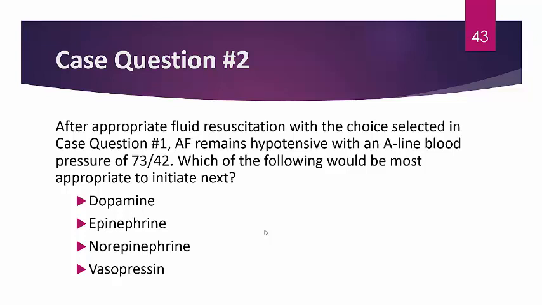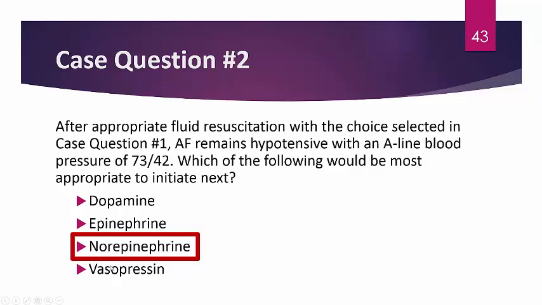Question 2, after you fluid resuscitated the patient in question 1, the patient remains hypotensive, what are you going to do next? The answer here is norepinephrine. And remember, norepinephrine is first line to administer for a patient who is in septic shock, has already received adequate fluid resuscitation, and needs a vasopressor agent to maintain their blood pressure with a MAP of greater than 65.